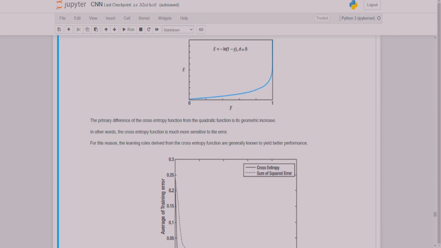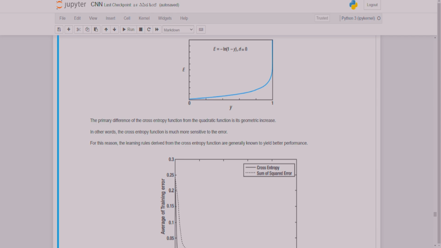Whenever my input data range is, say, an image intensity that may vary from 0 to 255, the required value is something and you get some other value, so the difference is larger. If you use the first equation, you are going to get a larger value. So a quadratic function generates a geometric increase in the value.